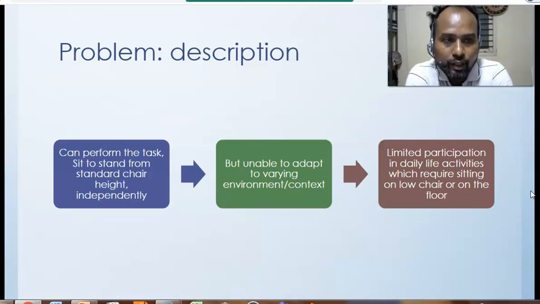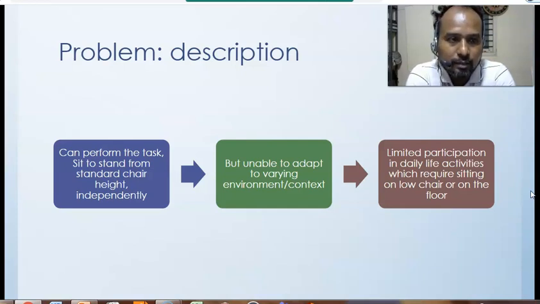Also, when he goes out in the evening to meet friends, they sit on a low platform, and he's unable to sit there, so he needed another chair. He's not able to sit with his friends on a low chair, so at times he avoids such circumstances. He's interested in improving his participation.